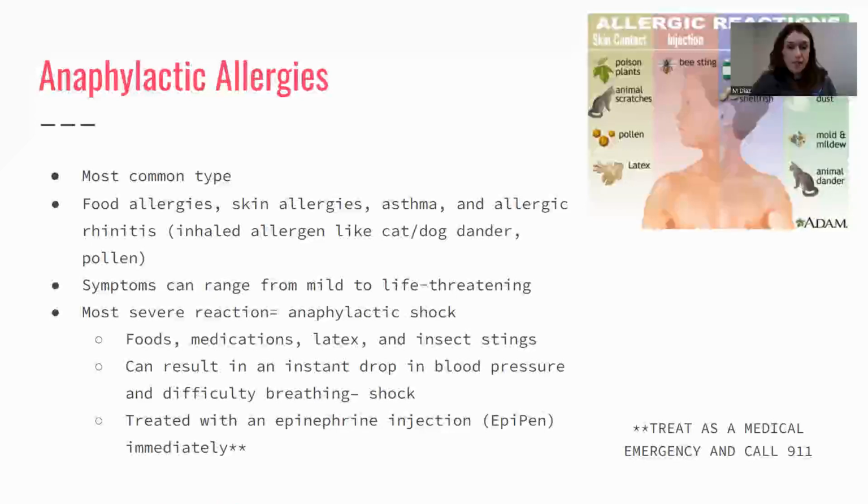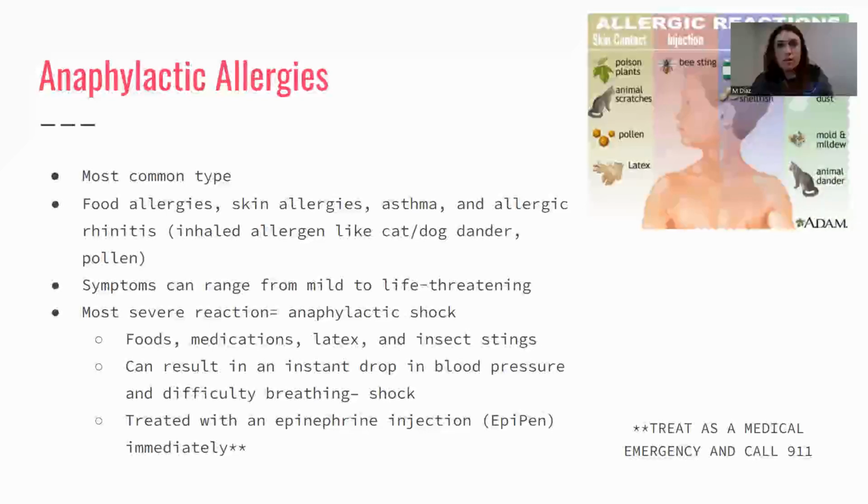For these types of severe reactions, they need to be treated with epinephrine injections, or what we may know as the EpiPen. One thing to note about this, however, is that anytime that you do administer an EpiPen to anyone, know that you need to call 911 and treat this as a medical emergency.